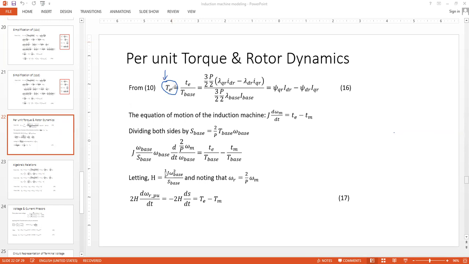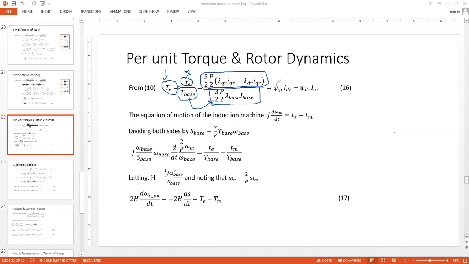This capital TE means it is the per unit torque. The small te was the actual torque expression. We divide it by the base torque.